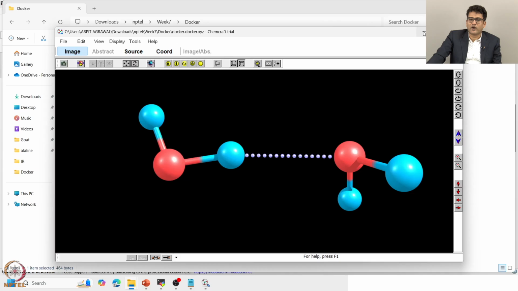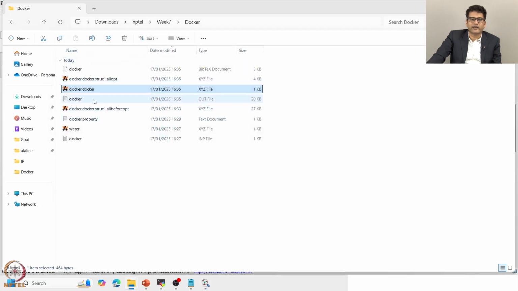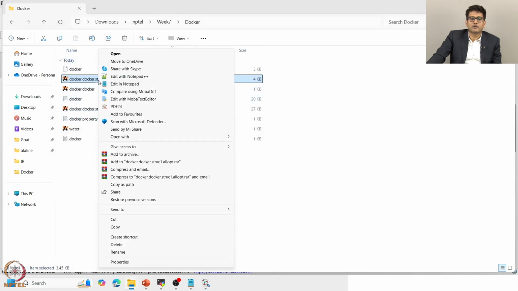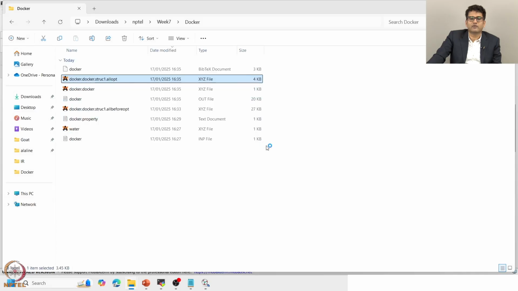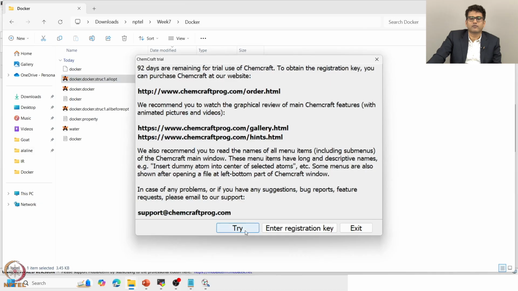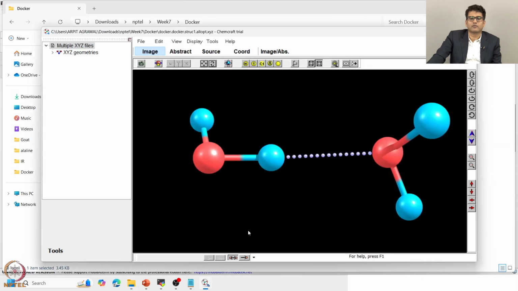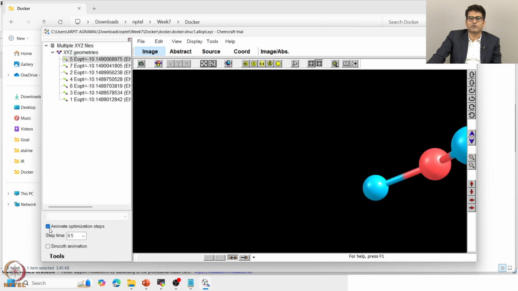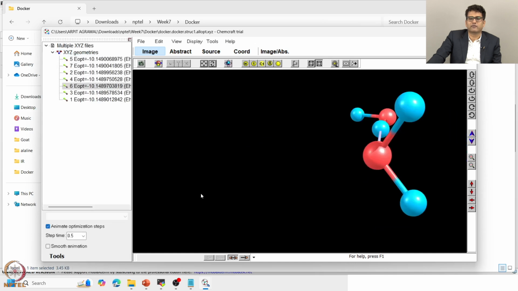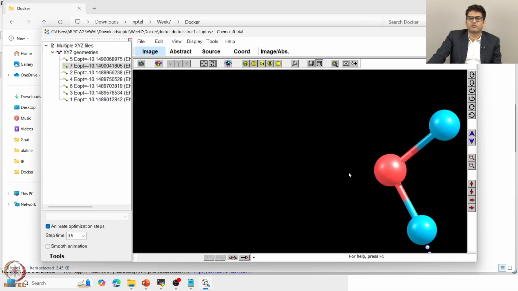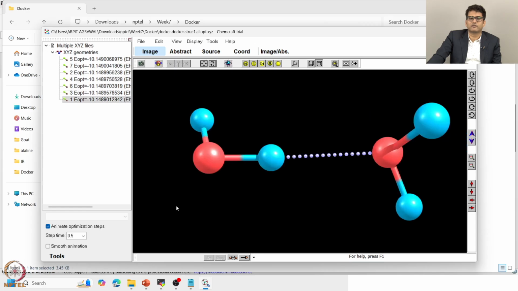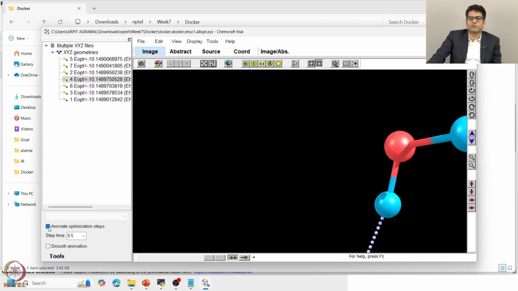If I want to see what other conformers there are, I can of course open it with Chemcraft. And if you want to animate, you can see how it looks. There are various possible configurations. Maybe we can look at them one by one.